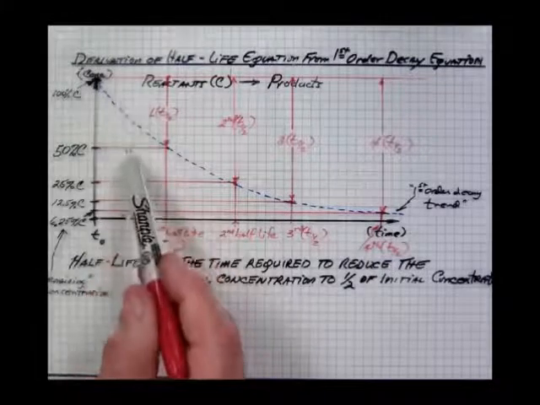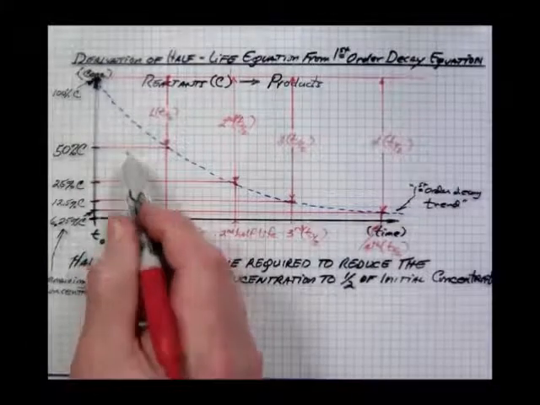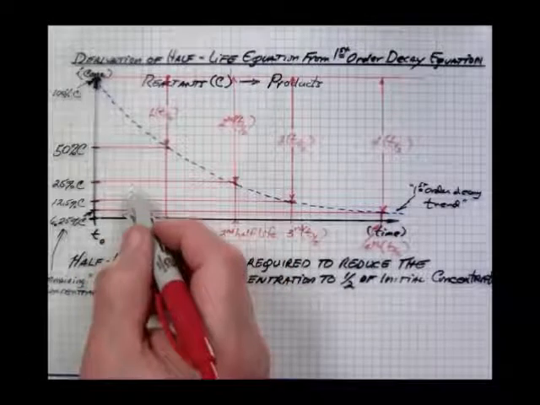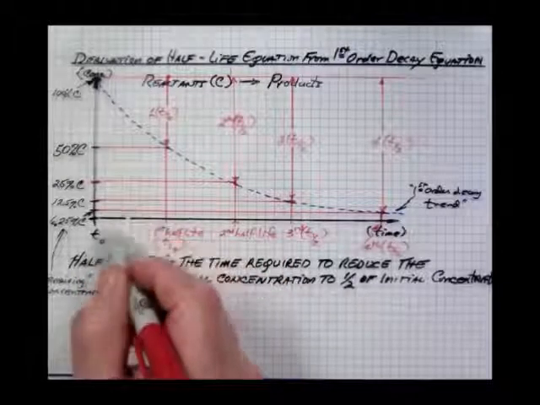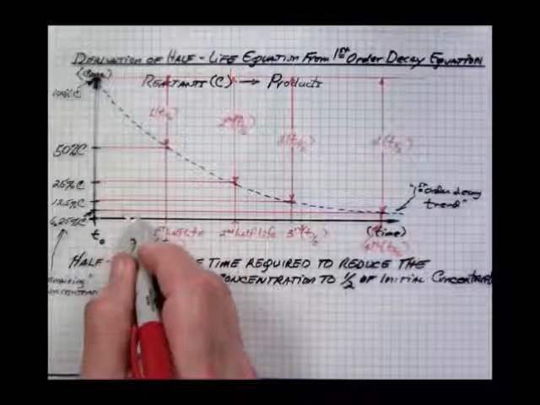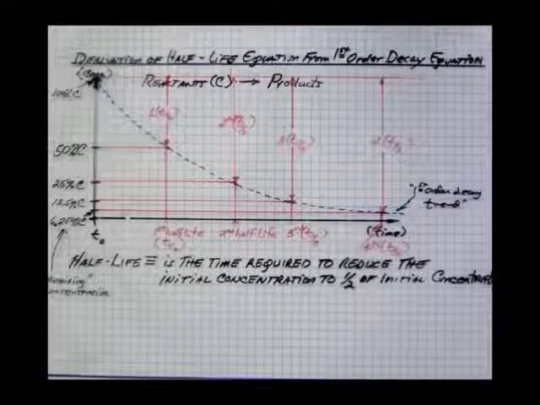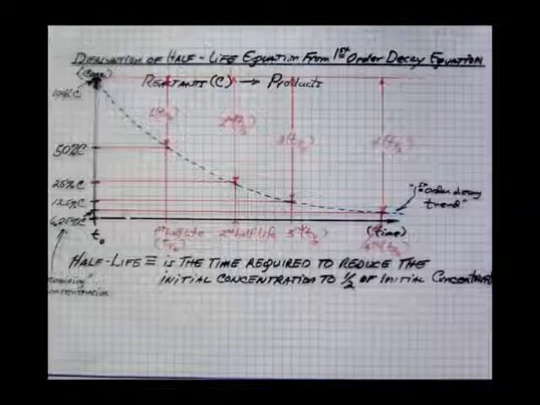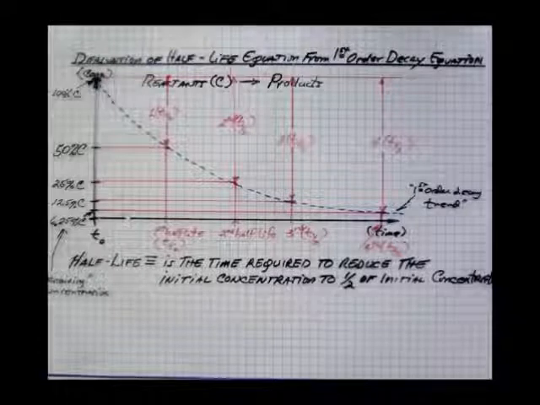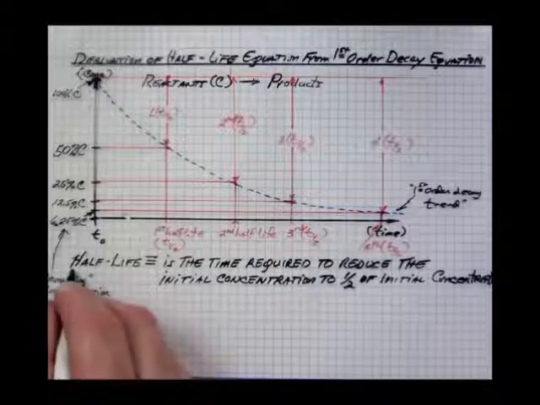The first half-life time is the same as the second half-life time, and the third half-life time is the same as the first half-life time, and the fourth half-life time, of course, is the same as all of the other half-life times. So one purpose of this is to give a practical description of what we're talking about in terms of half-life.